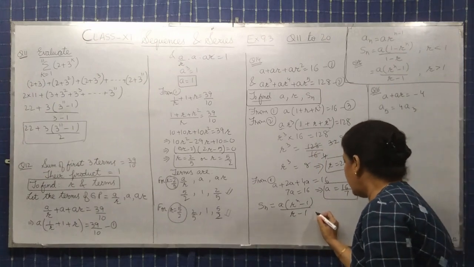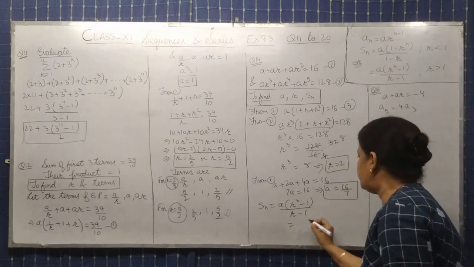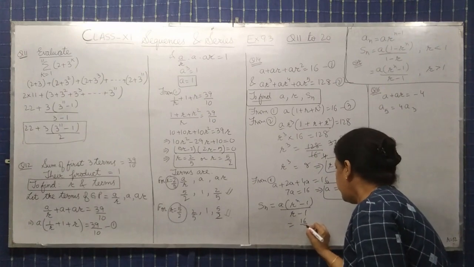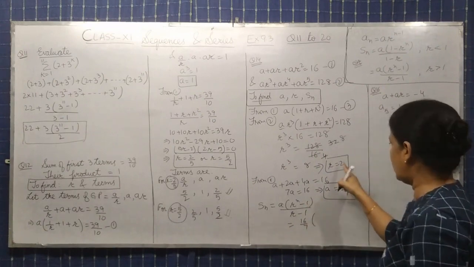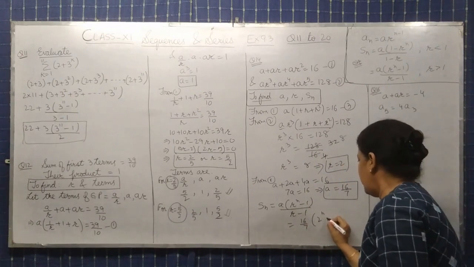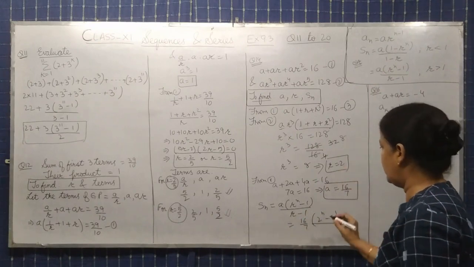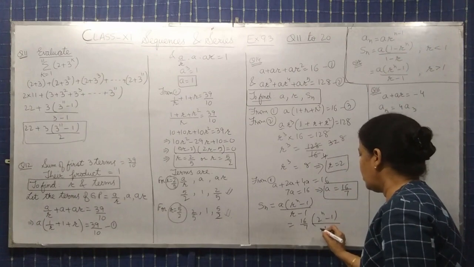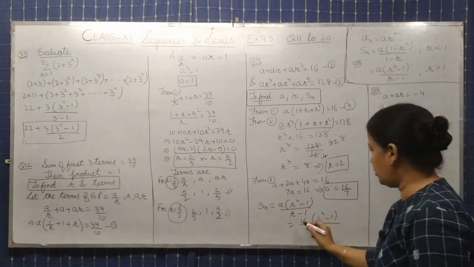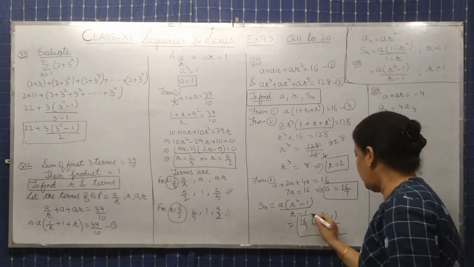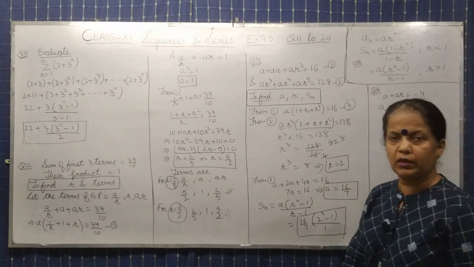Clear? Now here you will substitute the value 16 upon 7, R as 2 power n minus 1, and R minus 1, 2 minus 1, that is 1. So this will be the answer for Sn. Clear?